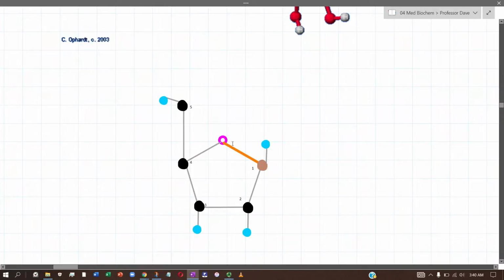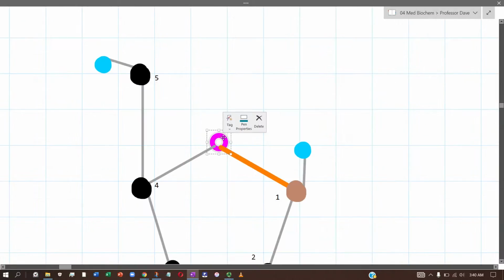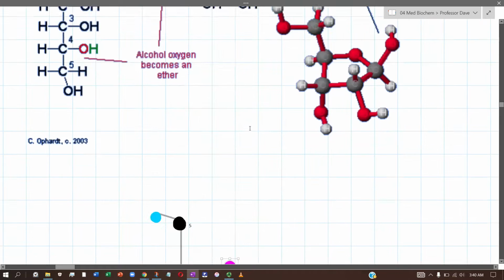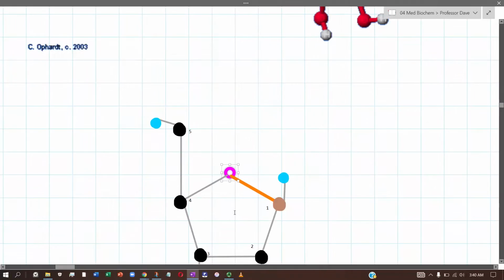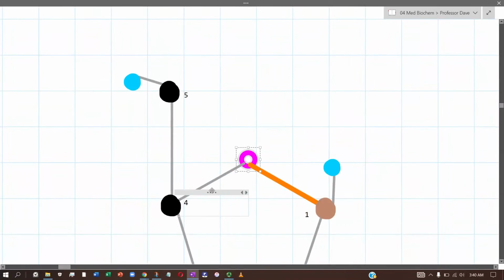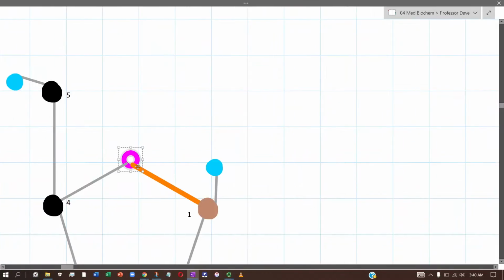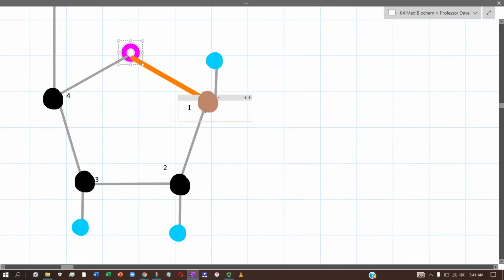And remember, this is an oxygen, hence the letter O, but it's drawn in purple because that is the hydroxyl group right here that used to be on carbon 4, but is still here on carbon 4. But now it has created this bond with carbon number 1. And again, this is in light brown.